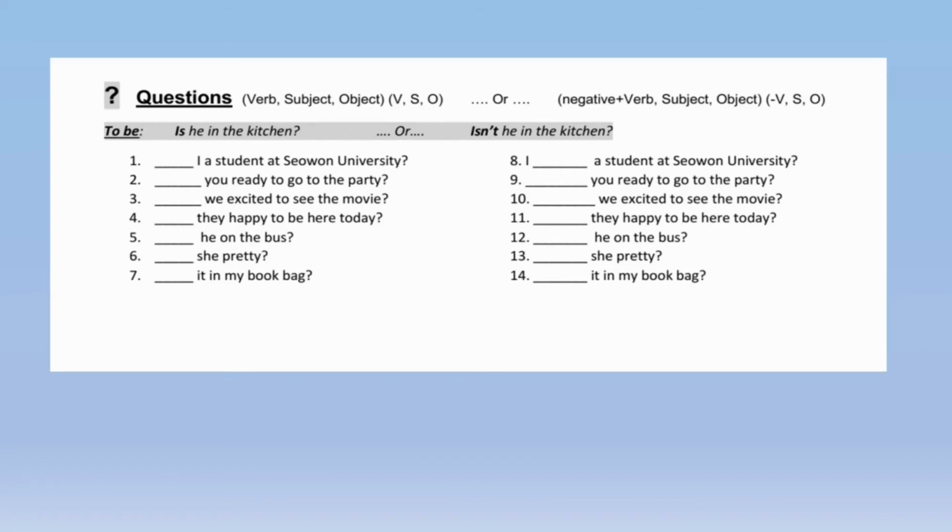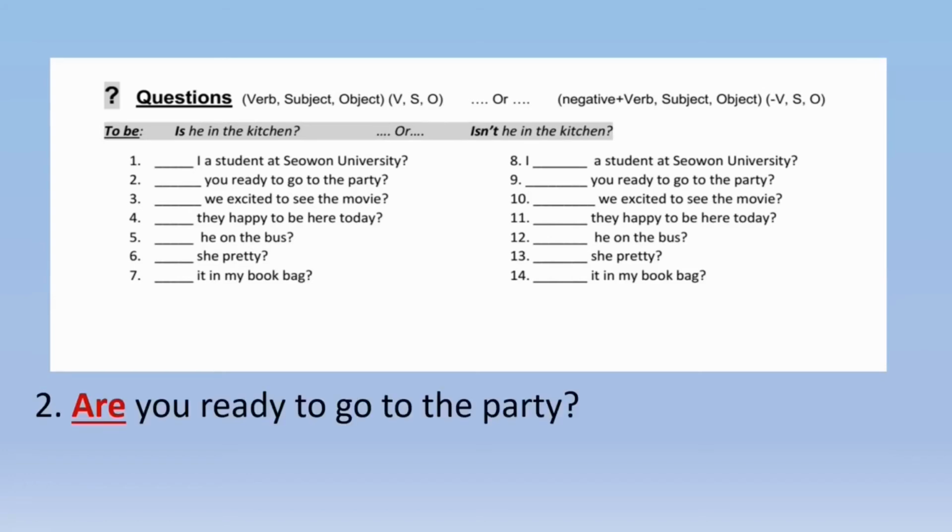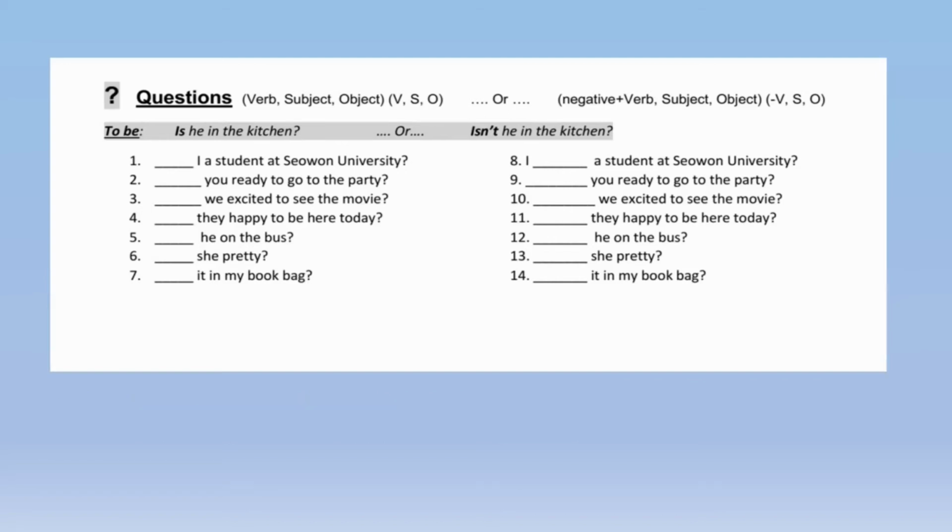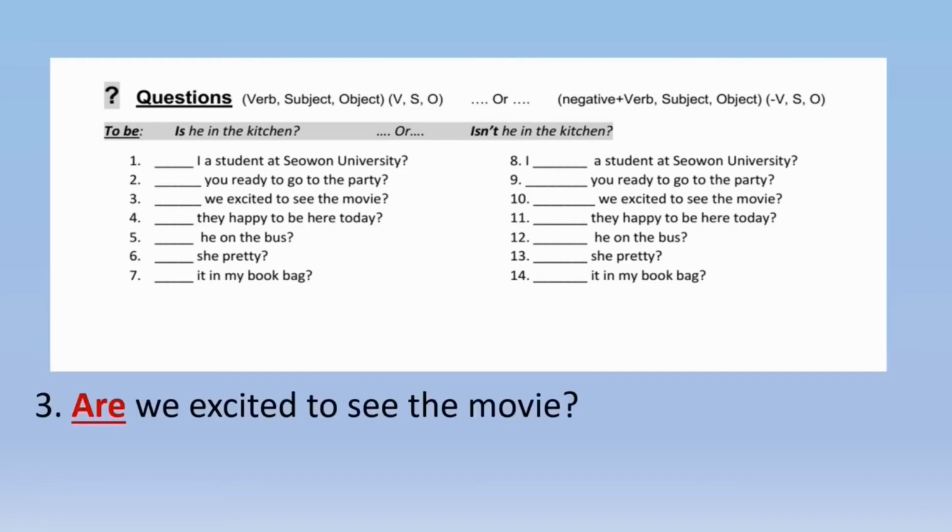Momo, you ready to go to the party? Are you ready to go to the party? Number 3. Momo, we excited to see the movie? Are we excited to see the movie?